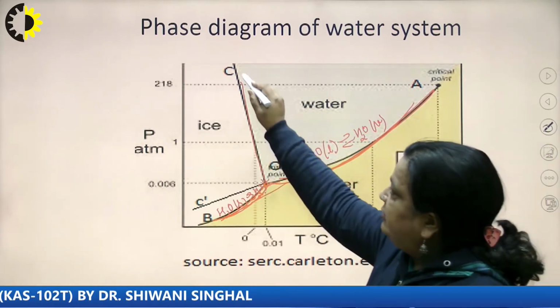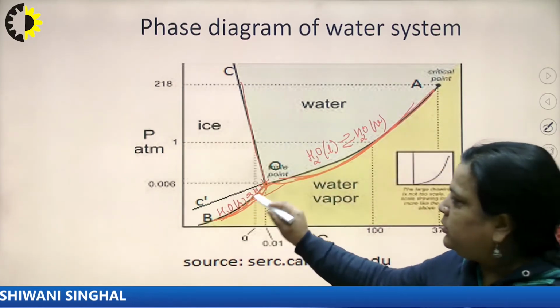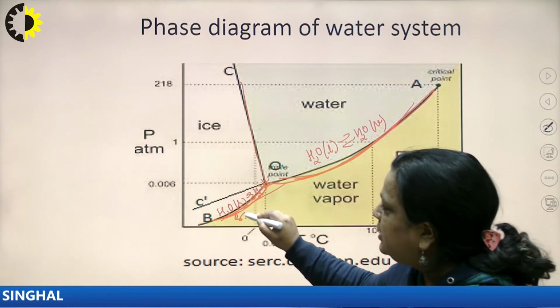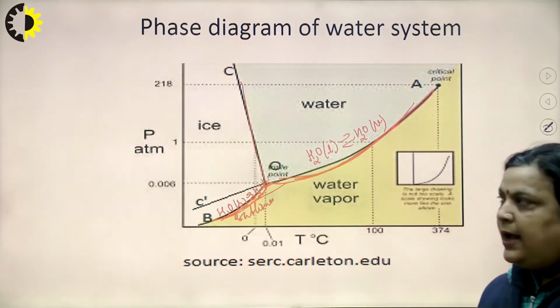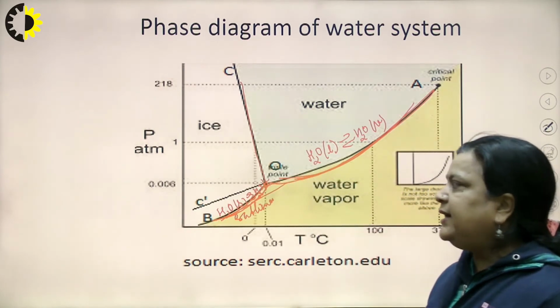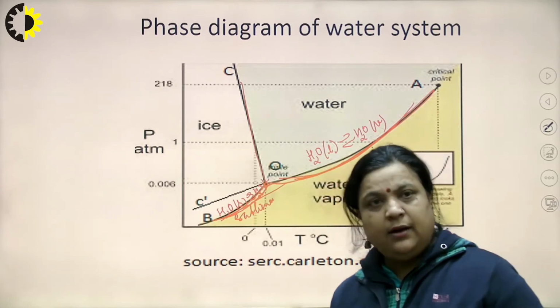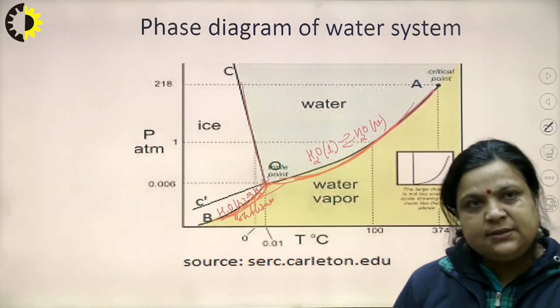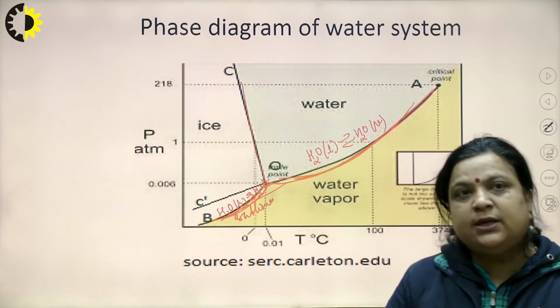This process is called sublimation, so we can say this is the sublimation curve. And along OC, we see that on increasing the pressure, the temperature decreases, that is ice melts, so we can say it is the fusion curve.